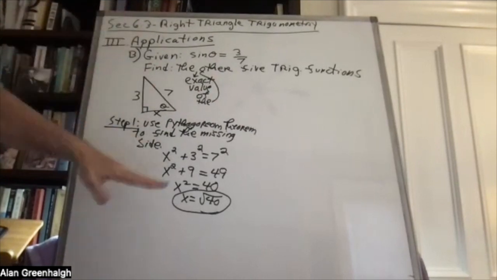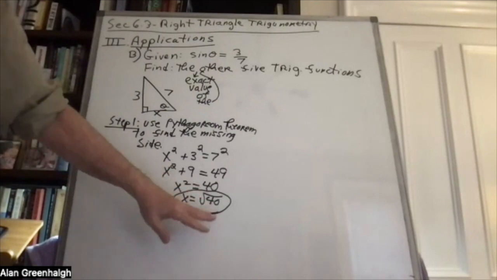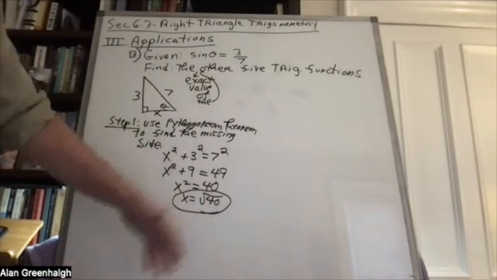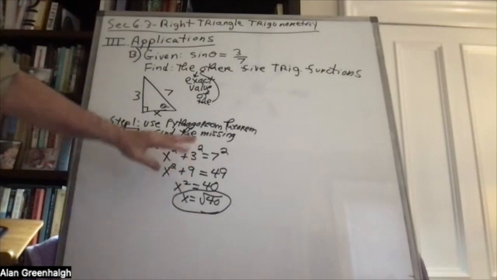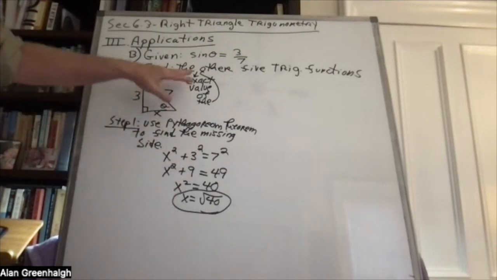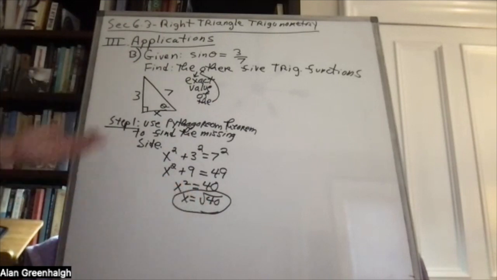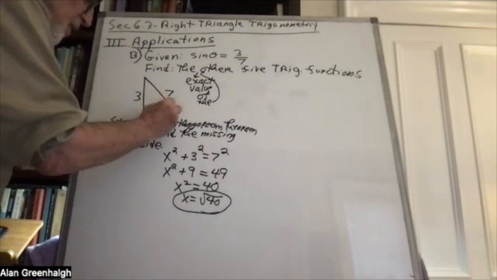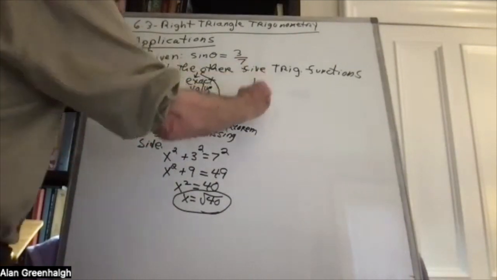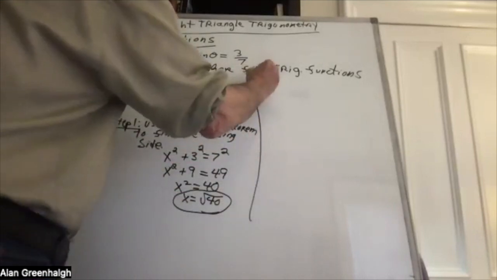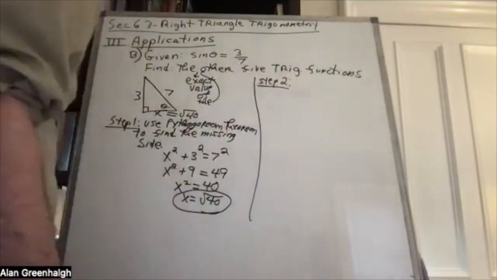That saves us from having to use calculators to find this to the nearest 10th or 100th or 1,000th or whatever. By saying find the exact values, you could leave it as a square root of 40. Now we know that this is equal to the square root of 40. Therefore, the next step, step 2, will be to do the other 5 functions.